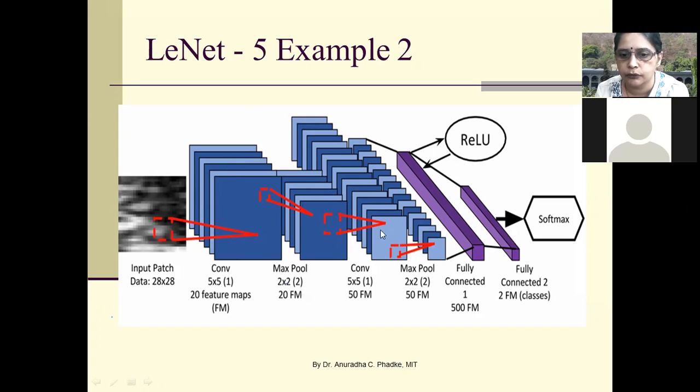Again, you have one convolution layer, then a pooling layer, and there are a few fully connected layers. Okay. And here the activation function used for the last layer, or output layer, is softmax, and for intermediate layers, the activation function used is ReLU. So we will talk more on this softmax activation function in the next lecture.